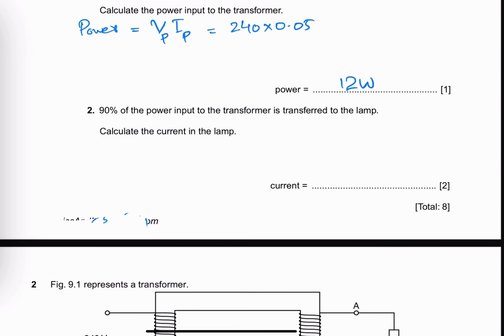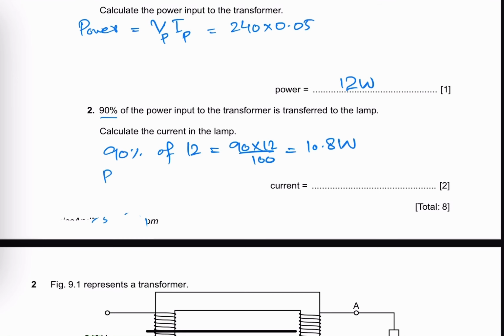Question number 2. 90% of the power input to the transformer is transferred to the lamp. Calculate the current in the lamp. So you have to calculate the current. 90% of the power, so 90% of 12, you have to find that. 90 multiplied by 12 divided by 100, that will be 10.8 watts.